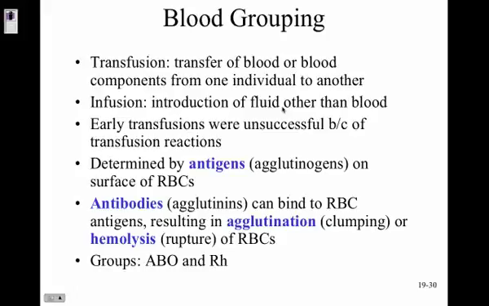And so there's antigens on the surface of a red blood cell. These markers, they're called antigens on the surface of the blood cell. And then there's antibodies that are freely floating throughout your body, throughout the blood. Those antibodies don't match the antigen. In your body, the antigen and antibody do not match. So there's two different types of antigens, two different types of antibodies that you can have.